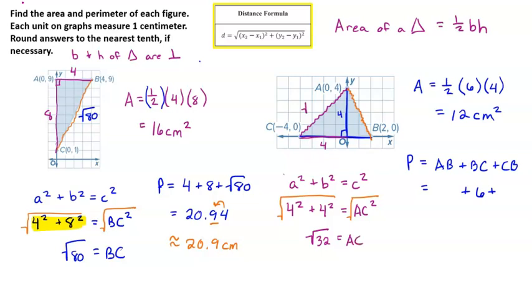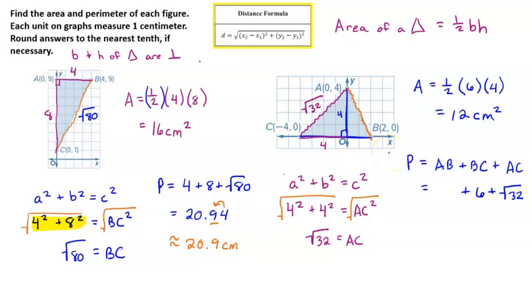So that's going to be this side here. And so this one right here, sorry, I put BC, that should say AC, is going to be the square root of 32. And now let's find AB, which is this orange side here.